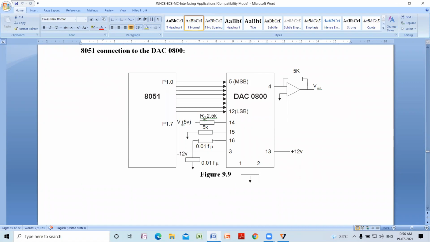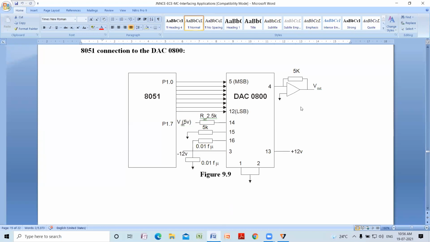You are connecting to R of 2.5 K. So 5 volts divided by 2.5 K gives you 2 milliamps IREF current here. And this is the I out pin which you are connecting to a 741 op amp with the 5K feedback resistor. So that I out is connected to V out.